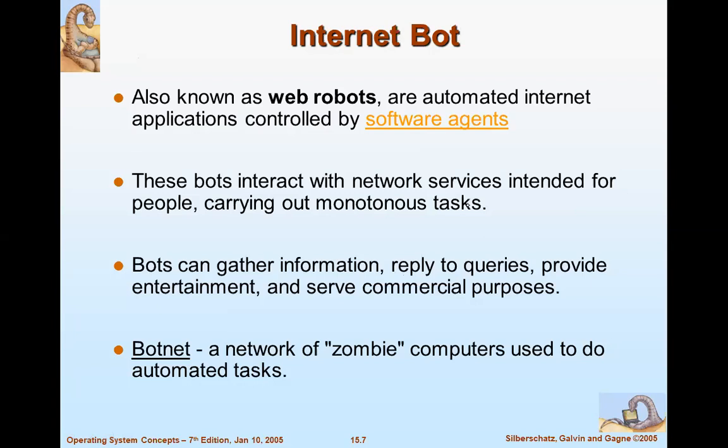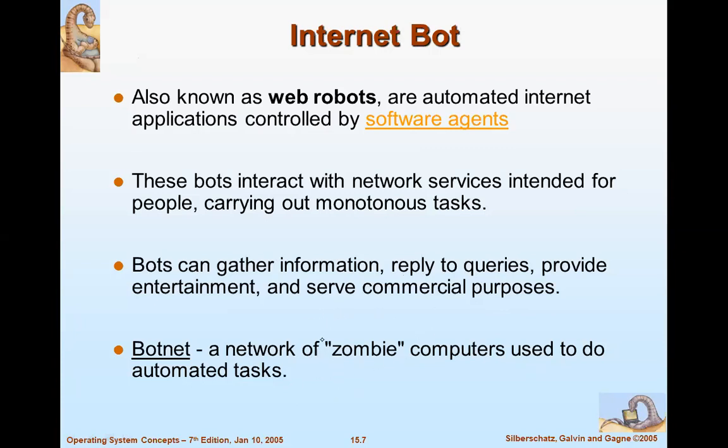Bots can gather information, reply to queries, provide entertainment, and serve commercial purposes as well. A botnet is a network of zombie computers used to do automated tasks. So I hope you know about these zombies.